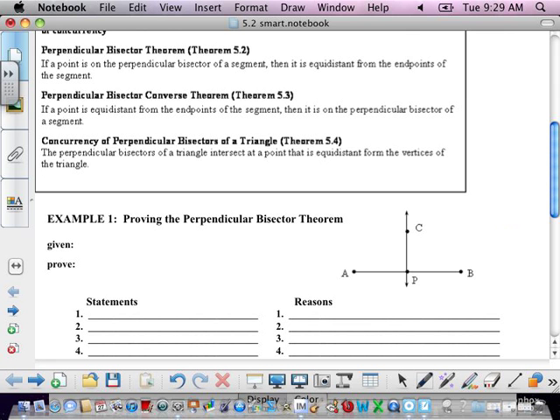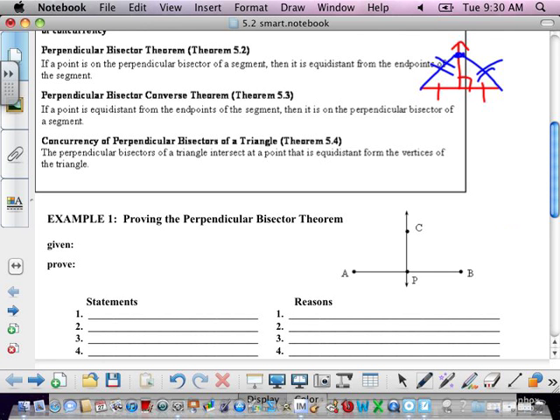Okay. Perpendicular bisector. So again, if a point is on the perpendicular bisector, okay, then that point is equidistant from the endpoints of the segment. So instead of lines, let's make this a segment. So those are the same.